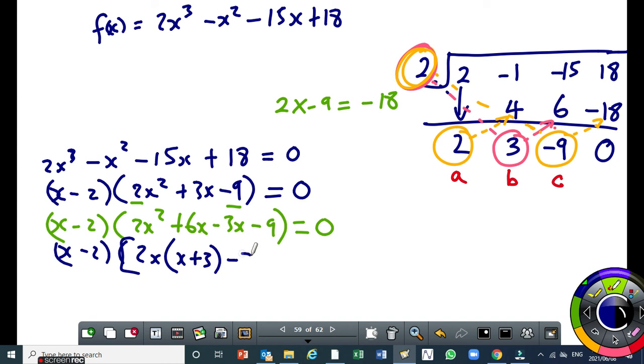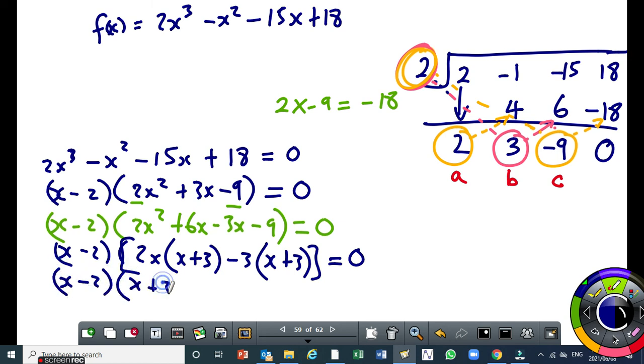Here I can also have minus 3 times x plus 3, and then I close my bracket. I'm factorizing. Then this becomes x minus 2 times x plus 3 times 2x minus 3 is equal to 0.